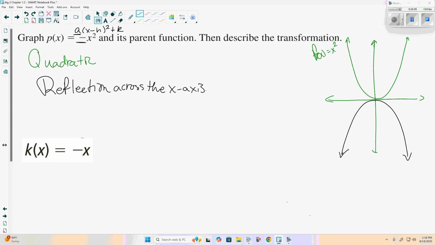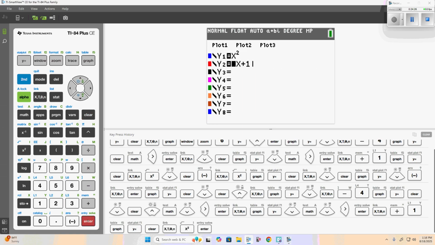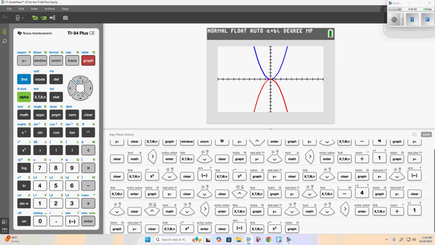And this, again, is why I say having an understanding of being able to picture what the graph is doing is going to be more helpful for us when solving than just being able to graph it. There's also a y equals negative x squared graph.